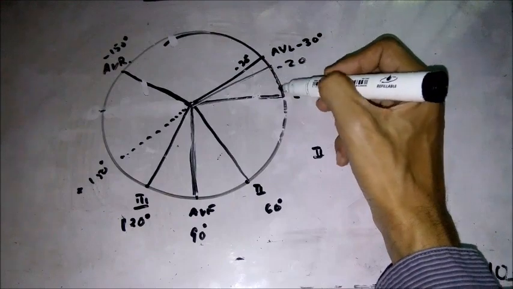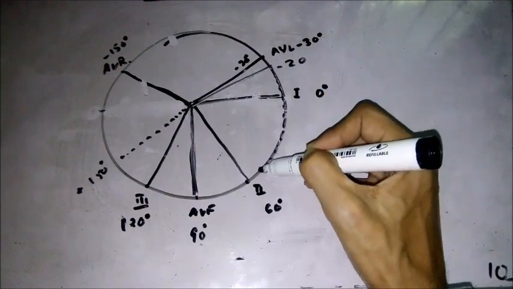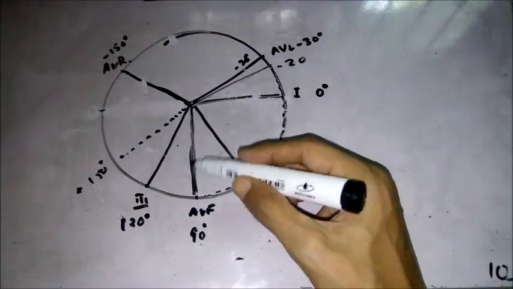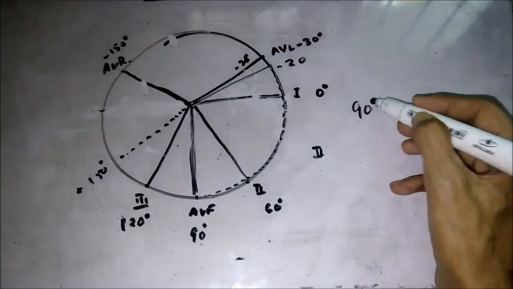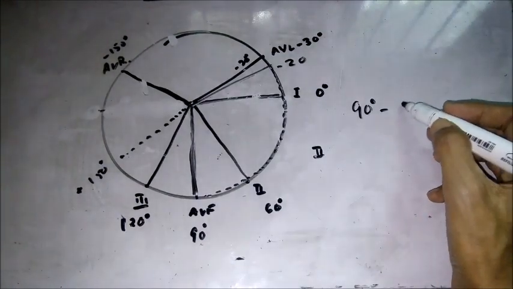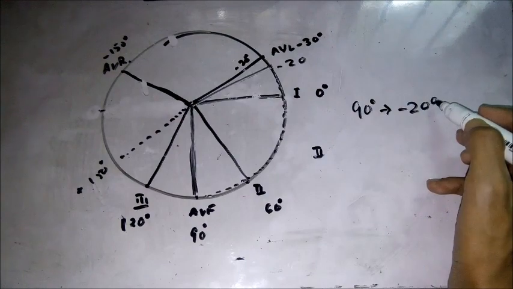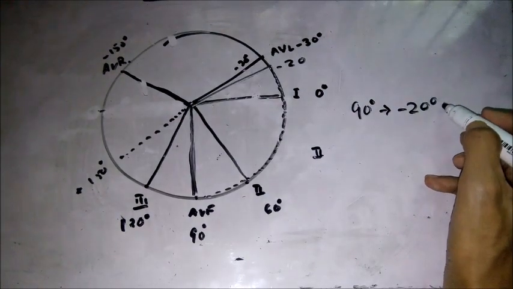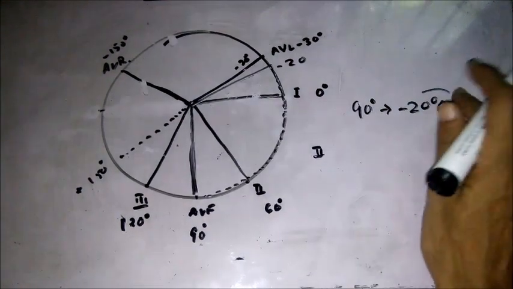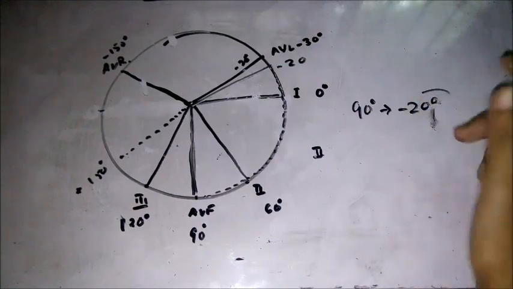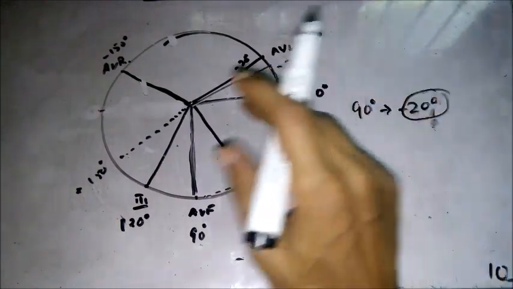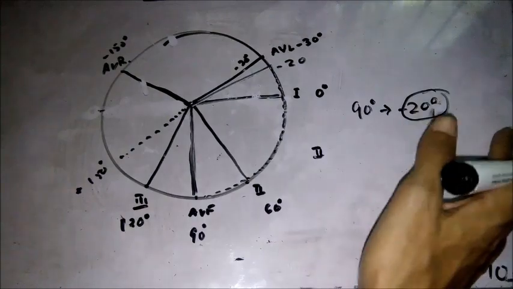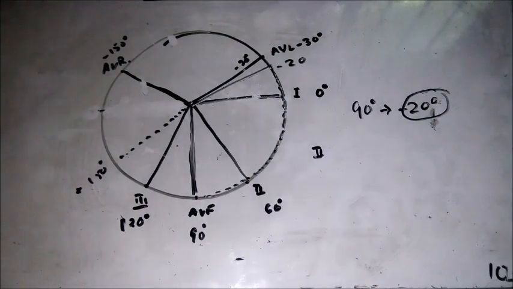Anyways, I like to use the range of minus 20 degrees. So from 90 degrees to minus 20 degrees is the normal axis for a person. In some very young adults, their axis could be minus 20 degrees, but that could also be normal.